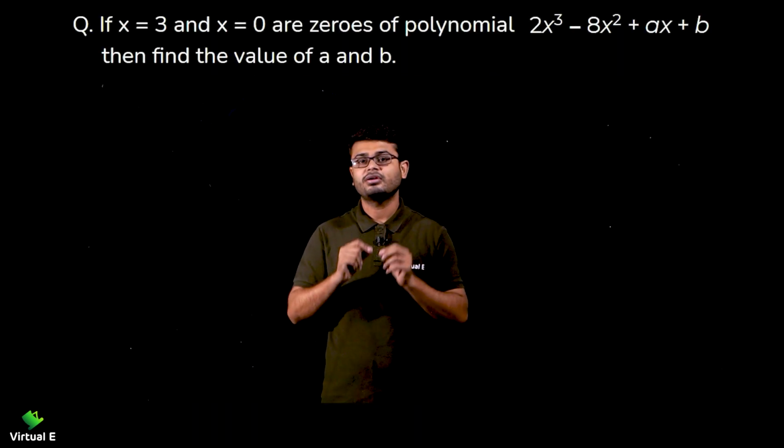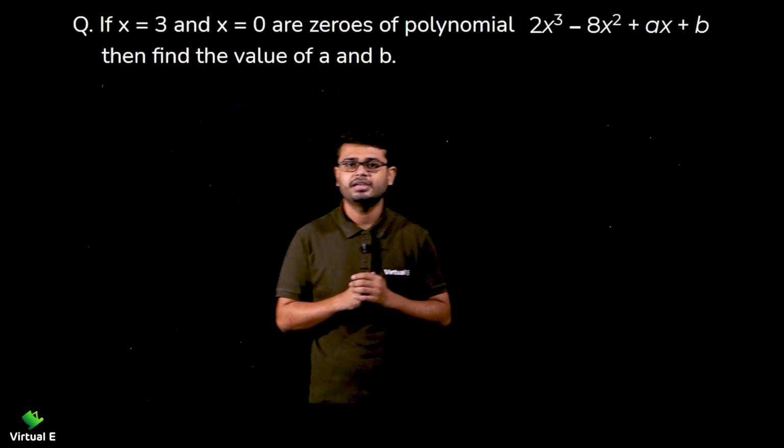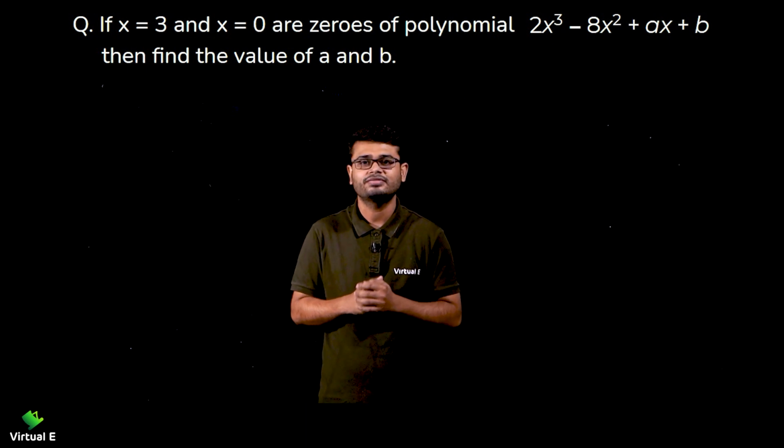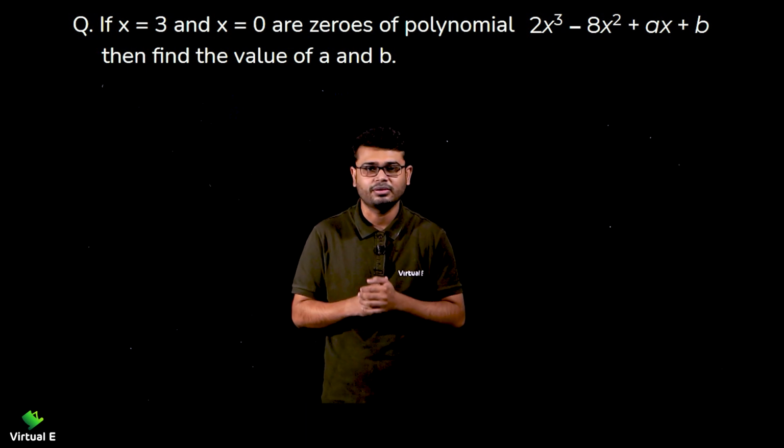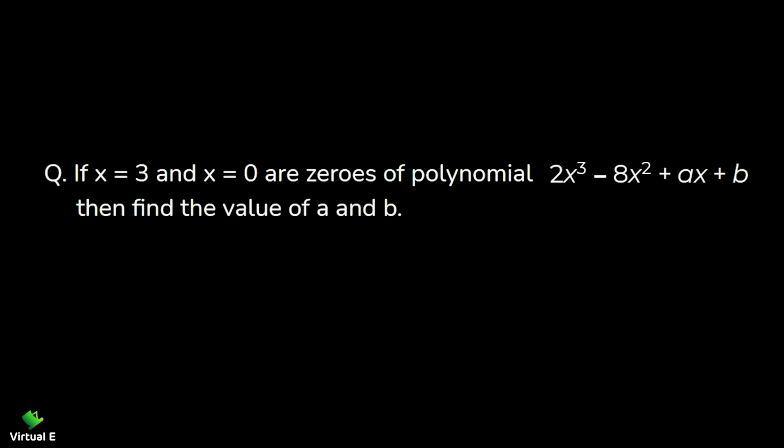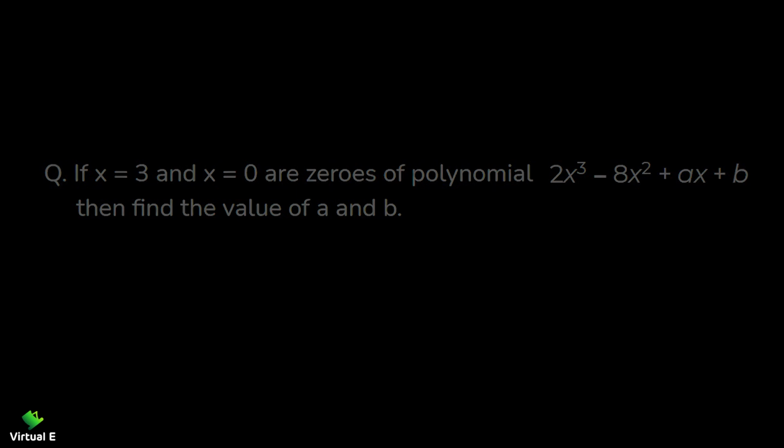So far we discussed how to find one unknown in the given polynomial. Now let's discuss how to find two unknowns in the polynomial. Let's start with the question. If x is equal to 3 and x is equal to 0 are the zeros of the polynomial 2x cubed minus 8x squared plus ax plus b, then find the values of a and b, right?